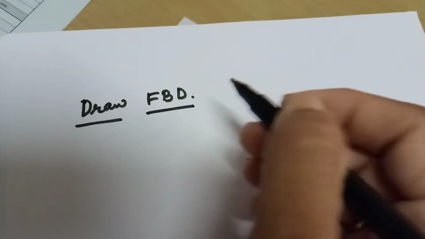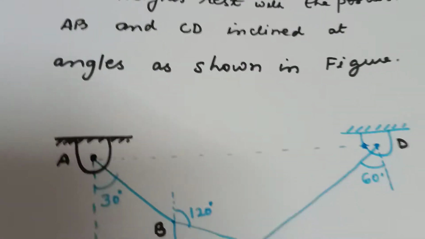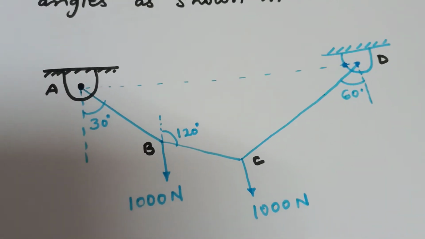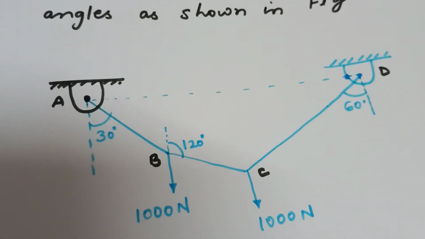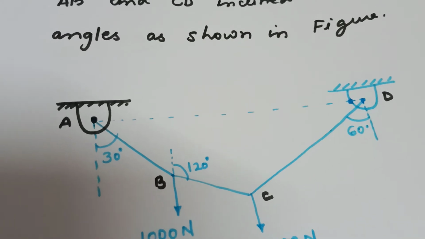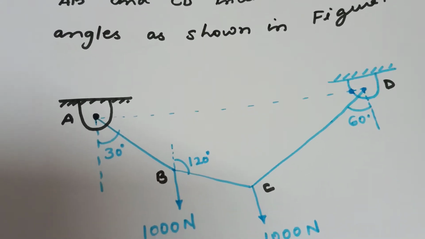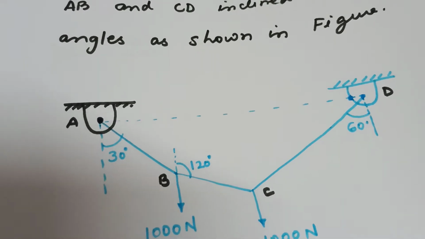Okay. So what we will do, the whole string, that is A, B, C and D, we will split it into two parts. We'll take joint B and we will take joint C. And we will draw the two free body diagrams at joint B and at joint C.